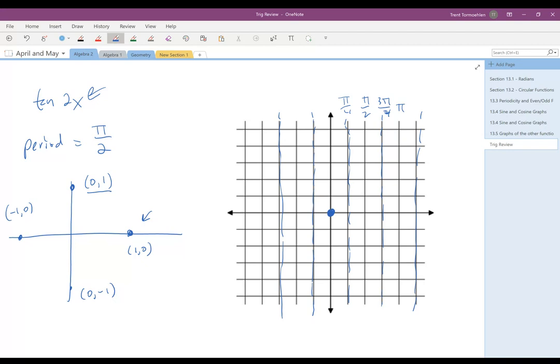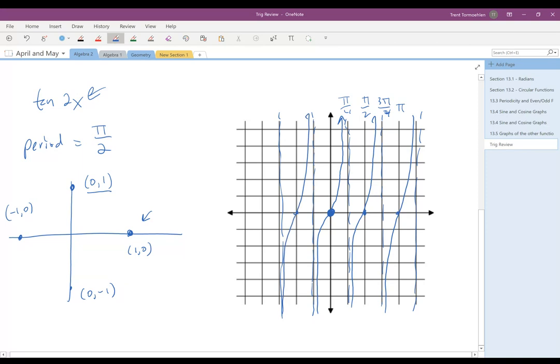And the way that it behaves is that the tangent ends up looking like this in between those. So where these asymptotes happen, notice that as it gets closer to the asymptote on the right, it is getting really, really large, and as it gets closer to the asymptote on the left, it's getting very, very negative as well.